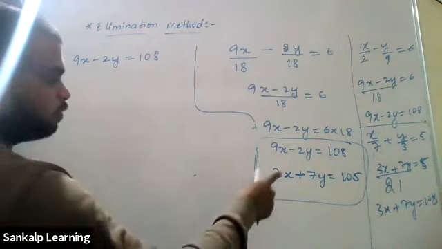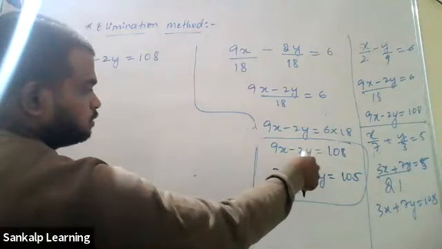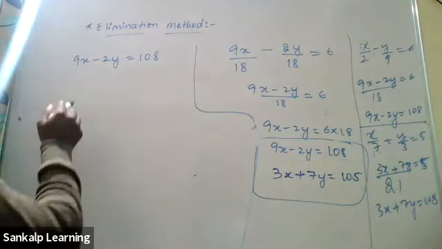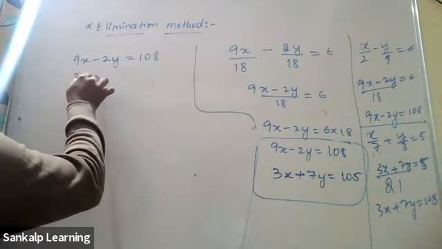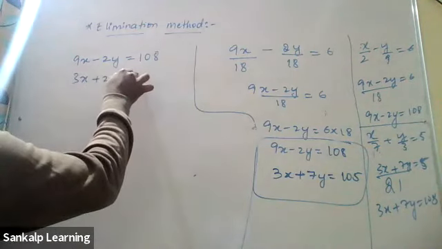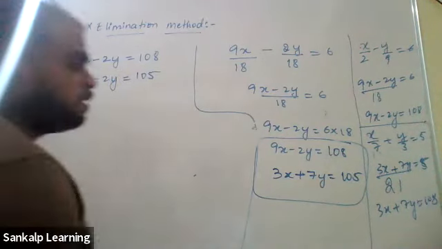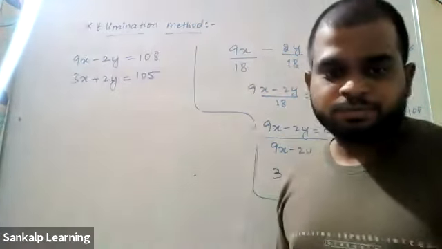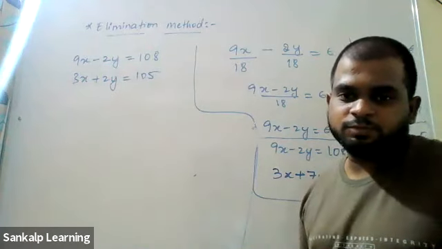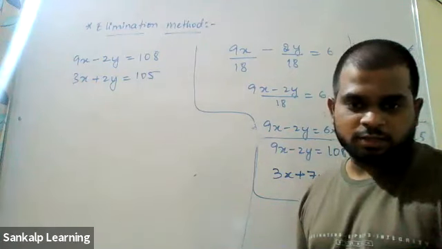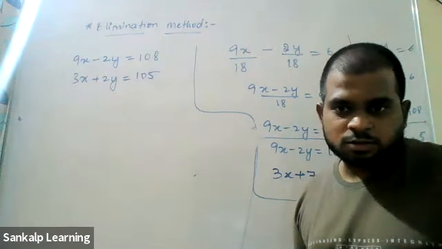Okay, x is equal to 14. Okay, 126. 9 2s are 18. Ashita, will you tell me how to solve this by elimination method? What should we do? Okay, she's not there, I guess. Ashita.